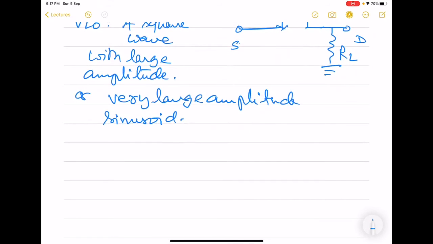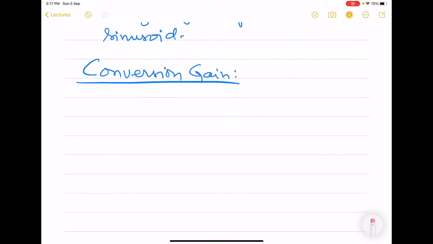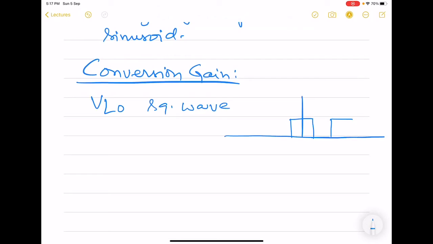So now we will try to find out the conversion gain. So let us take VLO, a square wave. But as I pointed out, it need not be a square wave. It can be a cosine, but with large amplitude, so that it switches the MOS quickly.